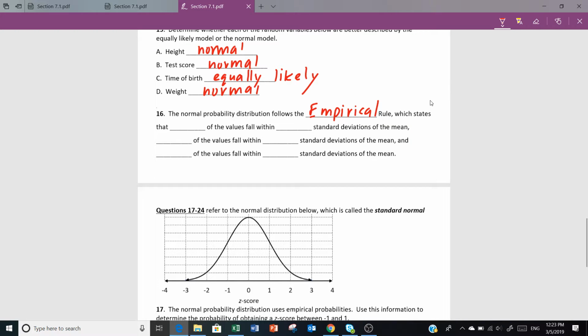And the empirical rule follows most data: blank percent of the values fall within 1, blank within 2, and blank within 3. If you remember from the notes, it's 68% within 1, 95% within 2, and does anyone remember what was within 3? 99.7.